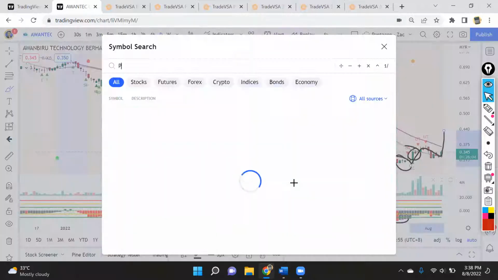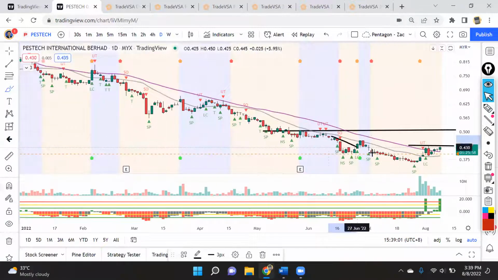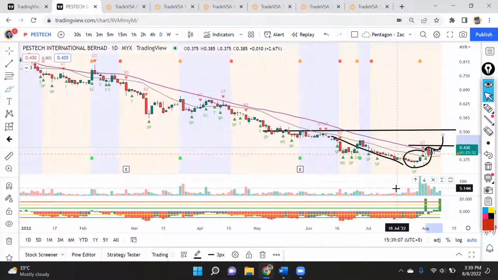So it is kind of similar to the past stock. Over here, drop, increasing volume, so likely they will continue to be tested on the next resistance.